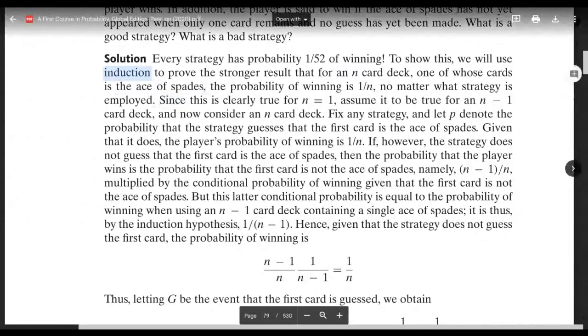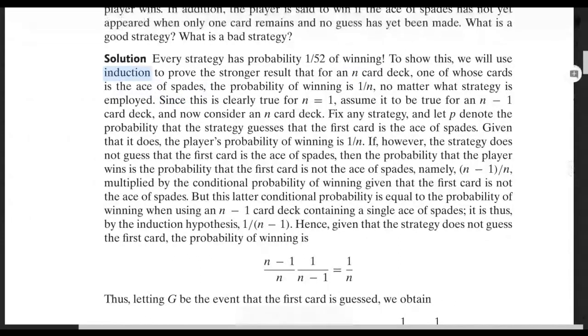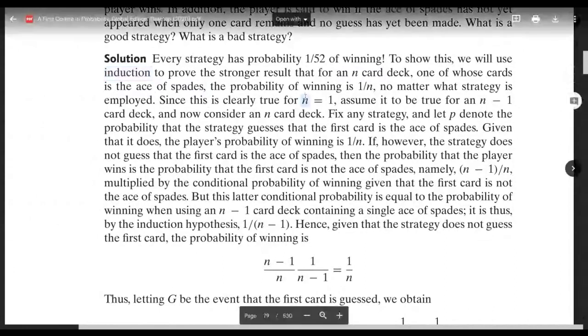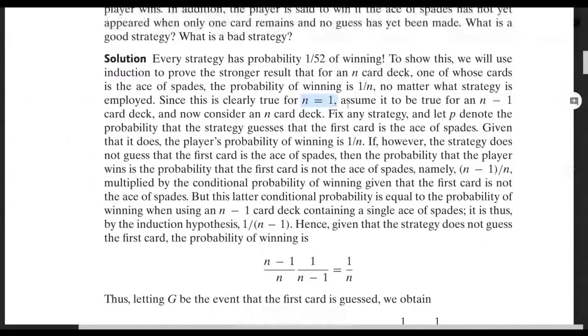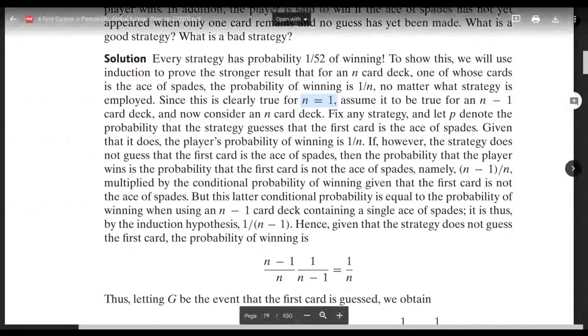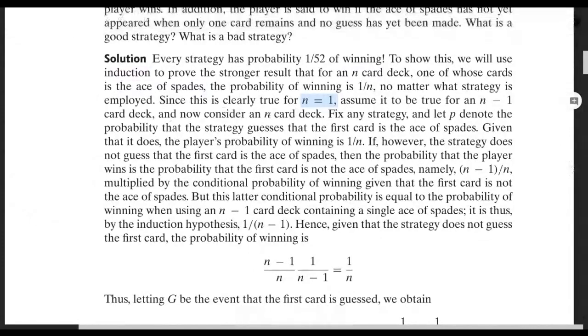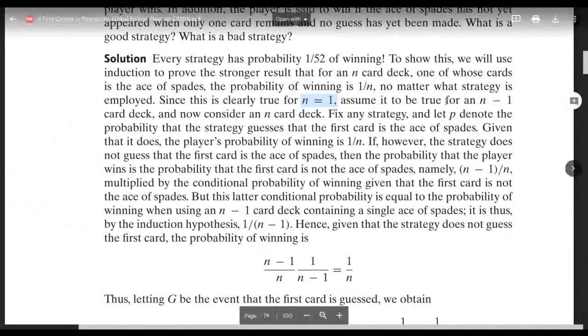Okay, so induction, right? We need to take three steps. So everyone knows that, right? We do N equals 1. This is the base case. Assume it to be true for an n-1 card deck, and now consider an n card deck. So the second step is the assumption: assume the n-1 case is true.